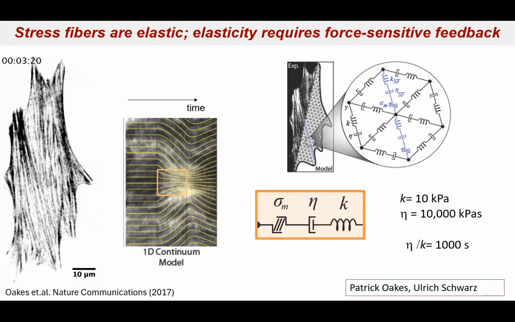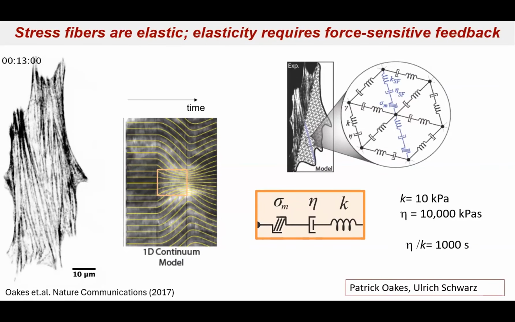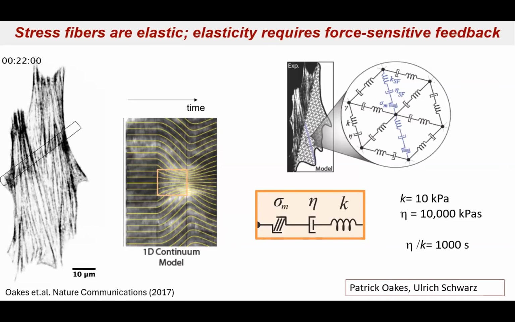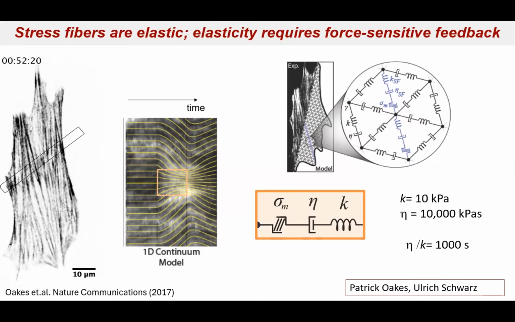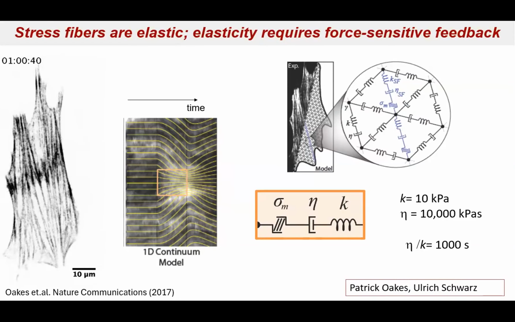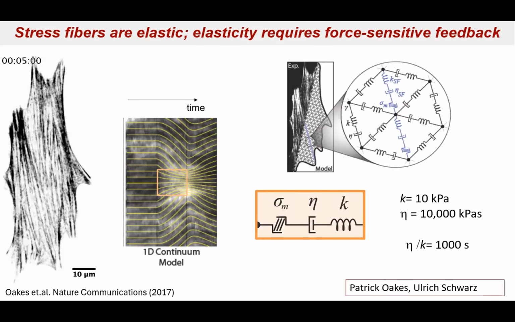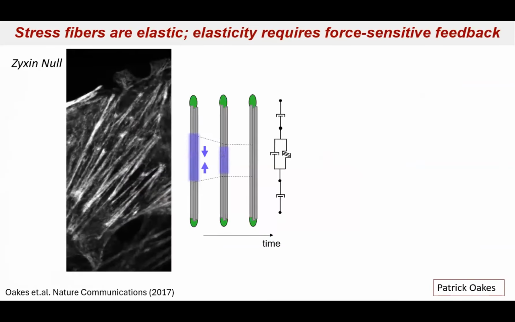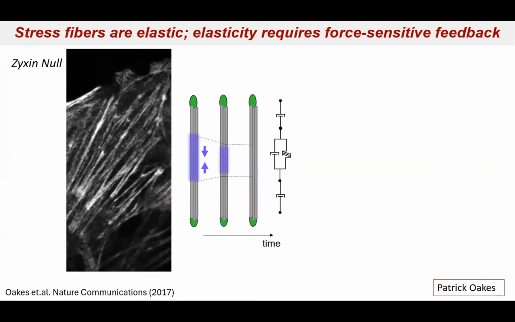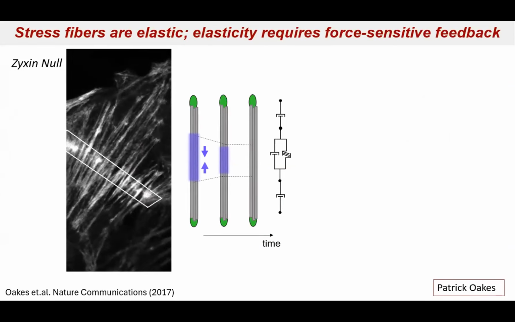So if we go through in conventional ways of looking at the deformation fields of the stress fibers and modeling these as an active viscoelastic medium and asking then what the viscoelasticity is, this stress fiber behaved like an active elastic solid, okay? And without this Zixin-mediated stress fiber repair, basically the whole system changed.